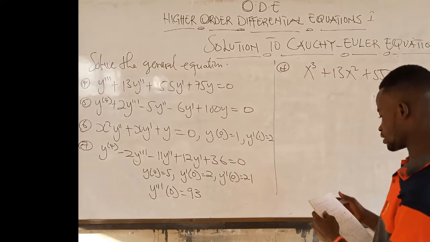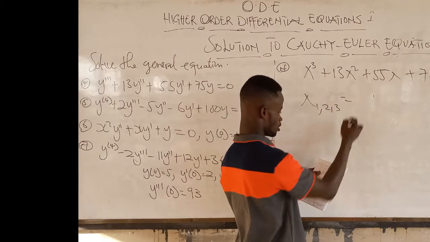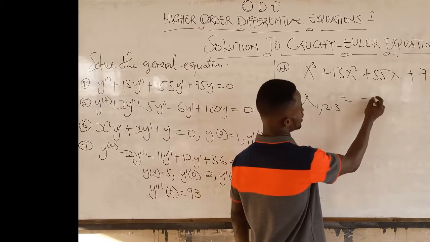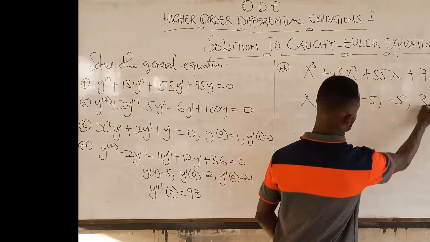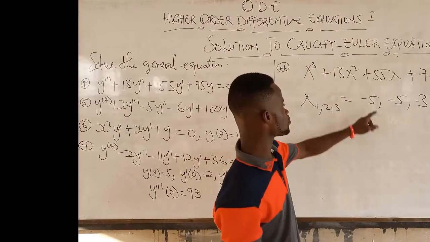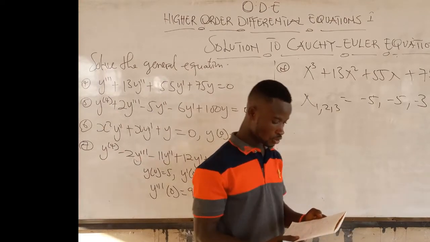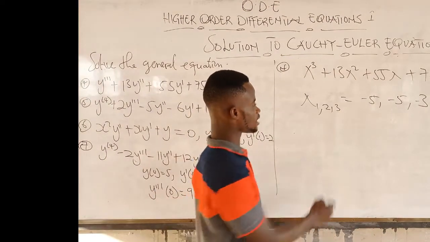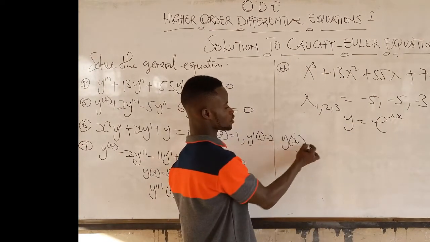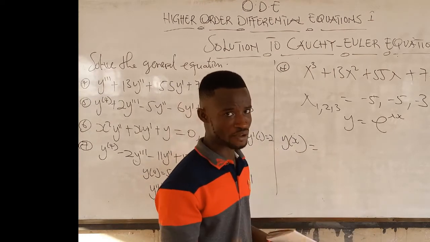And when you solve that, you are going to get a multiplicity of this. So here, you are going to get this to be negative 5, and 3. So there is a multiplicity of negative 3. So there is a multiplicity of negative 5 here. Alright, very good. So you go on to write the general equation. Don't forget this one is not going to be in terms of t because it's not Cauchy that we are dealing with.